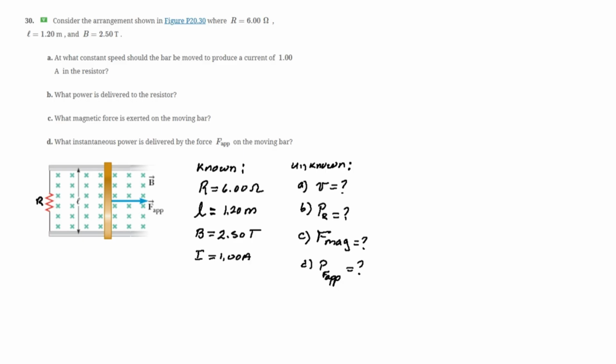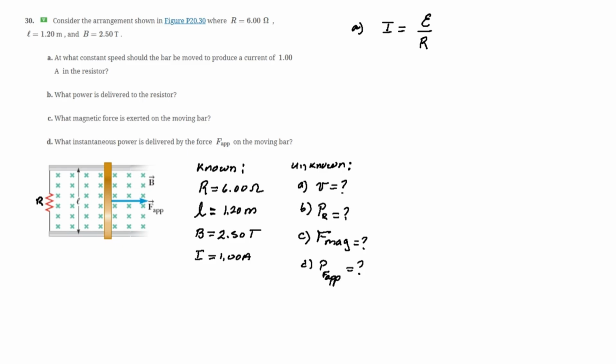Now, how can we calculate this constant speed? Well, remember that the current in the resistor is the electromotive force divided by the resistance of the resistor.